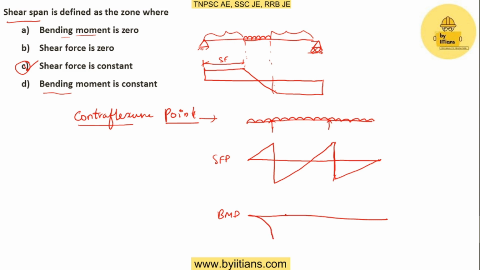At this point the bending moment changes. For example, at points A and B, it changes from negative to positive, and from positive to negative. So point A and point B will be the contraflexure points that they can ask.